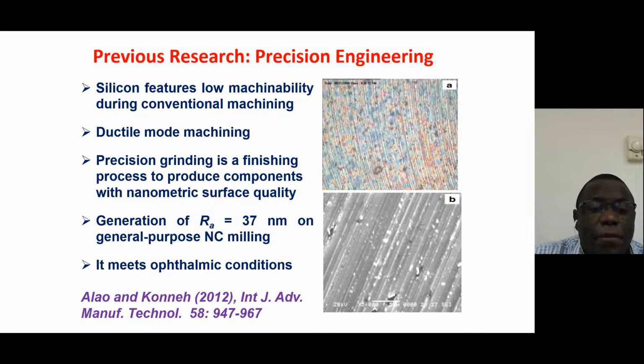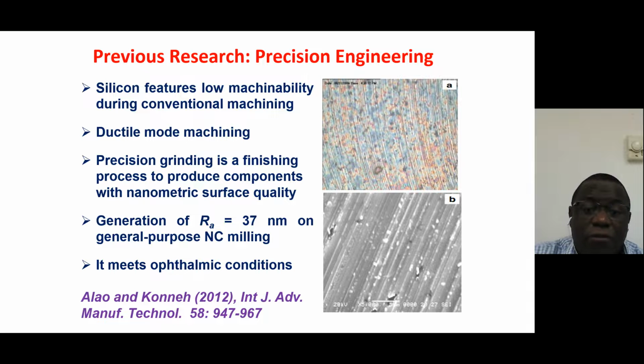The idea of ductile mode machining is that by proper selection of machining parameters such as depth of cut, feed rate, and spindle speed, materials can be machined in a ductile mode in which plastic deformation becomes the mode of deformation rather than fracture.